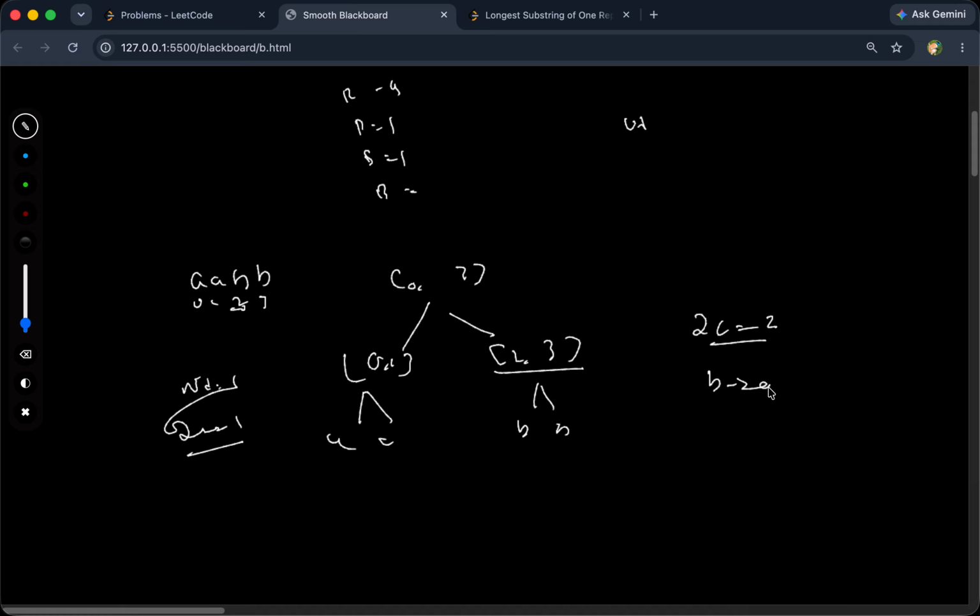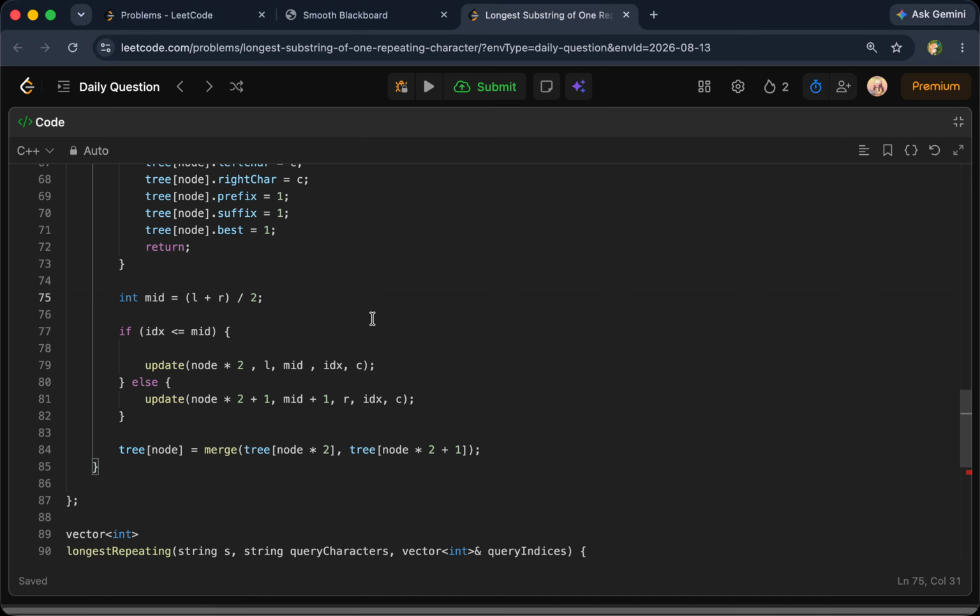Now b is a. After updating the leaf, this is very important. We change only one leaf, but its parents may now have different information, so we need to merge again while coming back. We merge them coming back. After changing the characters, the information stored in its parents becomes outdated, so we merge the two children again and recalculate the parents.